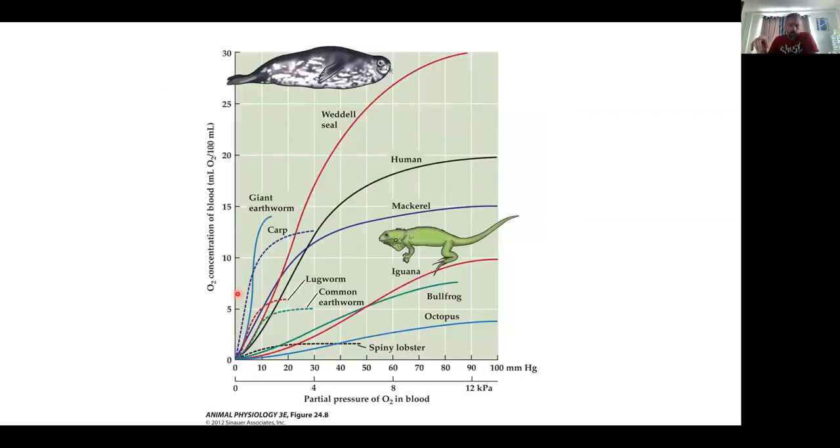Now, if we look at different curves for different animals, we see that they vary in shape in two basic ways. Part of this is a wide spectrum of animals: mammals, reptiles, octopods, arthropods, annelids, all kinds of different animals. One of the reasons we see different shapes in the curve is because they have different pigments.